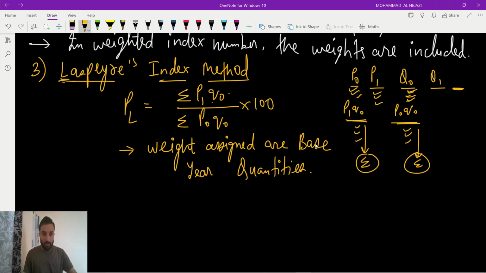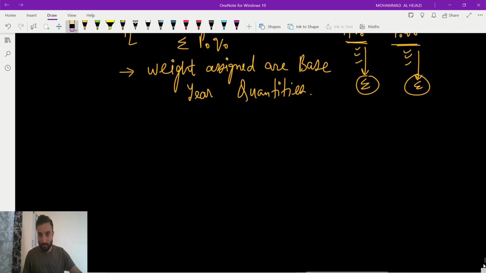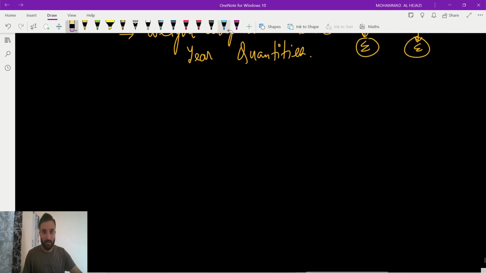Okay, that is done. Now we will come to the next, the fourth one. Yeah, I know the names are very much typical. The fourth one is Paasche index number.